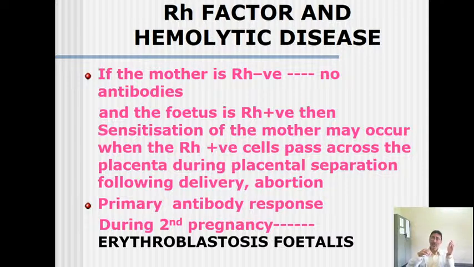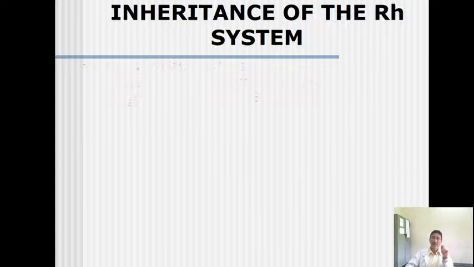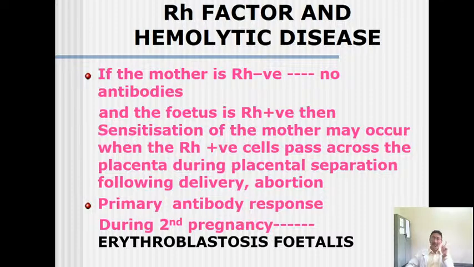Some of the antibodies which are already developed as a result of the first pregnancy, now during the second pregnancy will transfer from the placenta into the fetus, and then there will be an antigen antibody reaction in the fetus, and that leads to a condition called erythroblastosis foetalis. I will repeat this again.